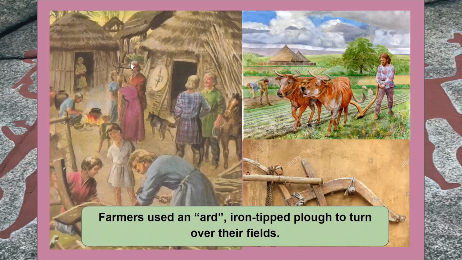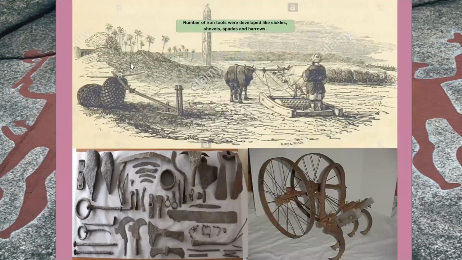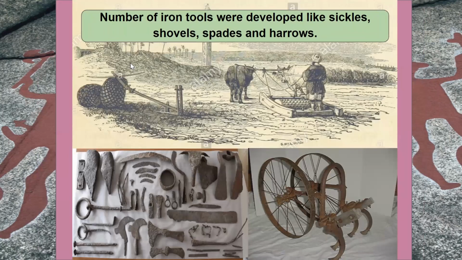Farmers used the ard, an iron-tipped plow, to turn over their fields. A number of iron tools were also developed during this time, like sickles, shovels, spades, and harrows. Iron harrows made plowing of land easier due to the stronger tips.